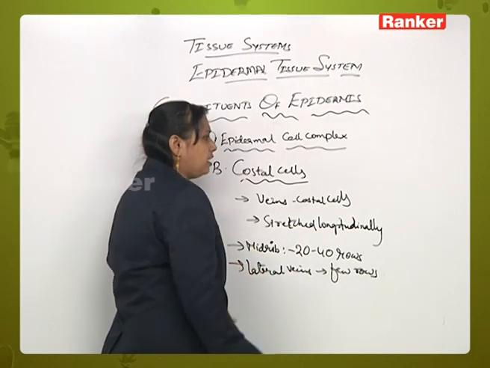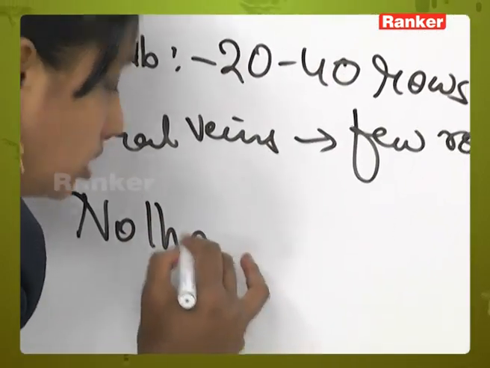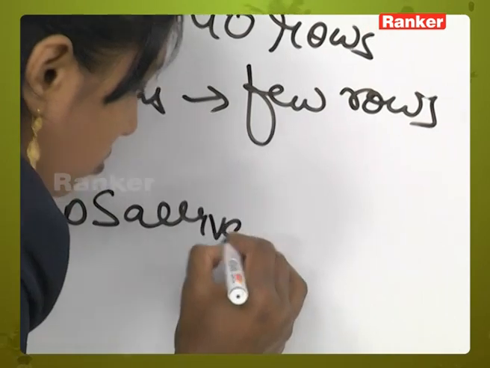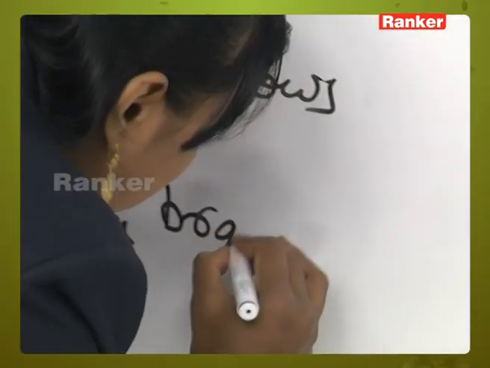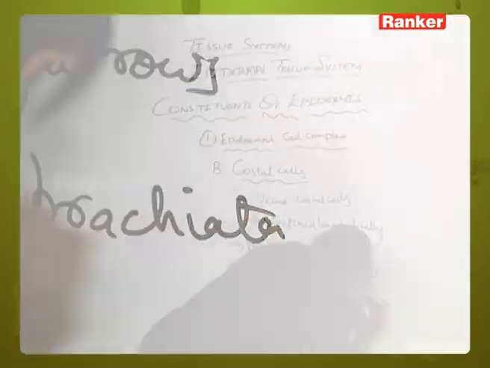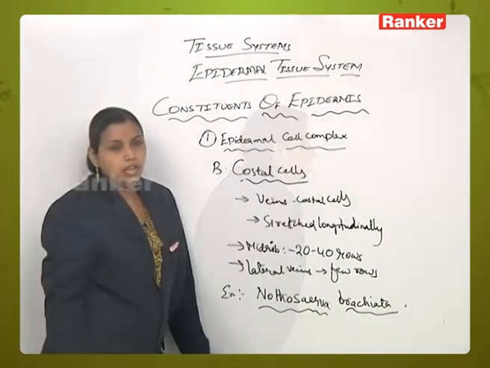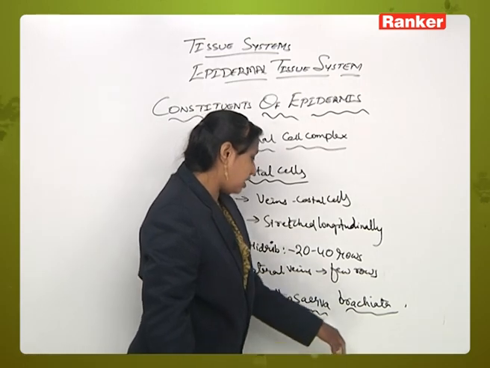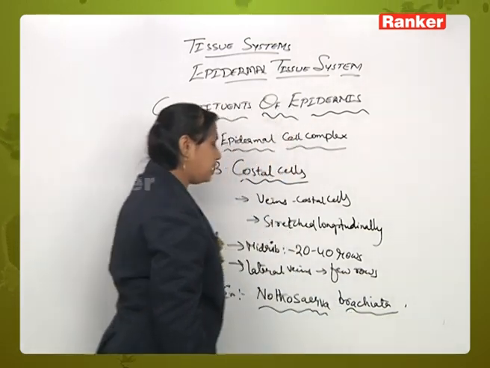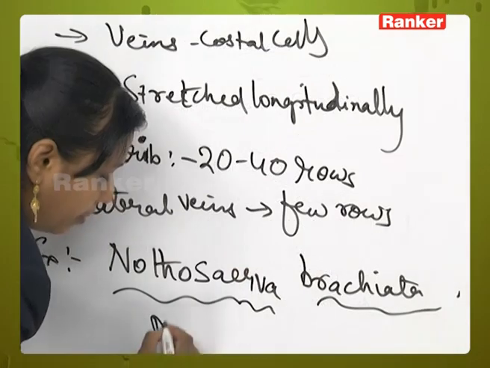For example, there is a plant called Nothosaerva brachiata. In this, the costal cells are present only on the midribs.